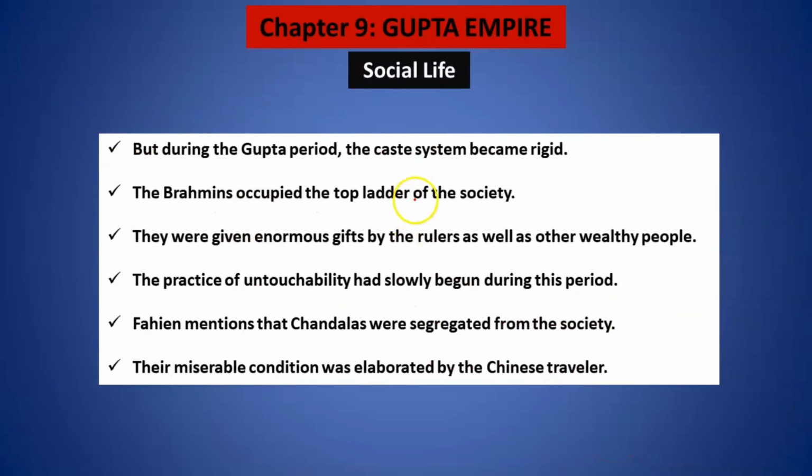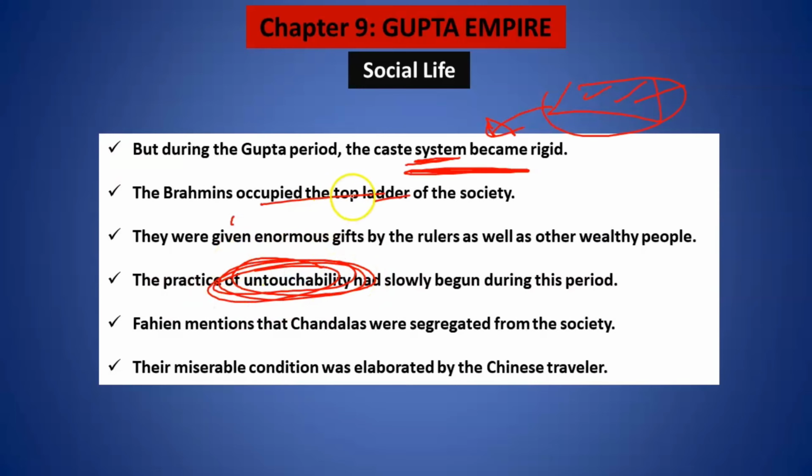If I talk about the social life, now the Varn system, caste system became rigid. Obviously, when Brahmanism will come over here, again the caste system will become rigid, and Gupta Empire was also a part of it, जहां पर caste system rigid हो गया. Brahmins occupied the top of the ladder. It's obviously natural. Untouchability also started beginning in the Gupta Empire.